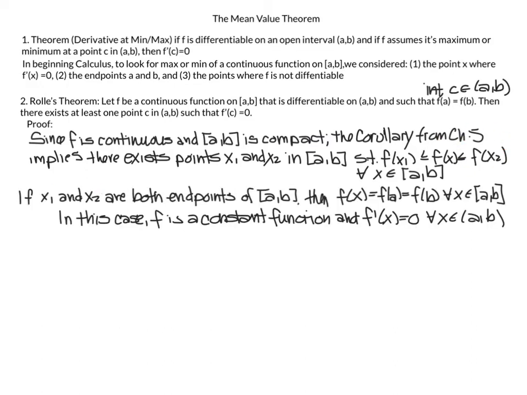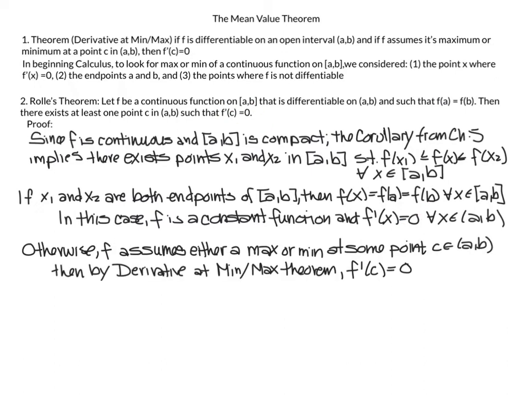If x1 and x2 are both endpoints, then f of x1, which is f of a, is less than or equal to f of x, which is less than or equal to f of b, which implies that f of x equals f of a equals f of b. In this case, f is a constant function and the derivative is equal to 0, which is what we wanted to show.